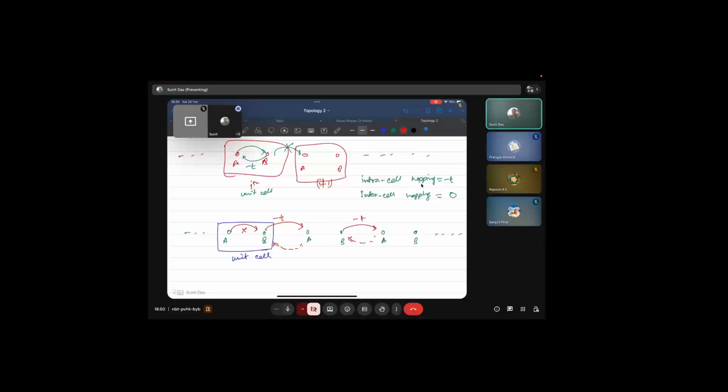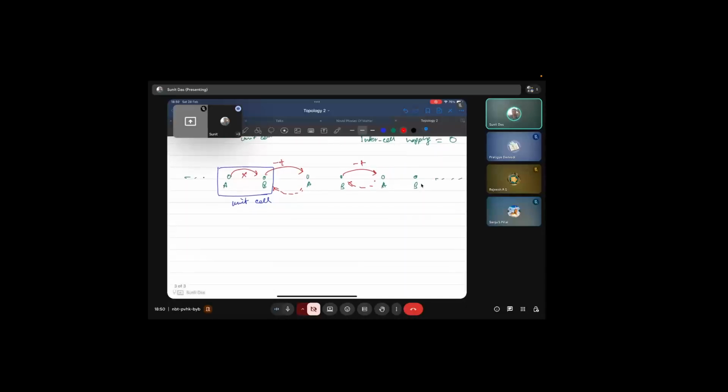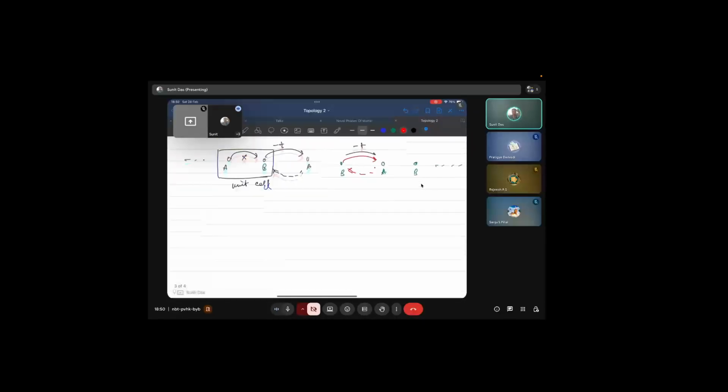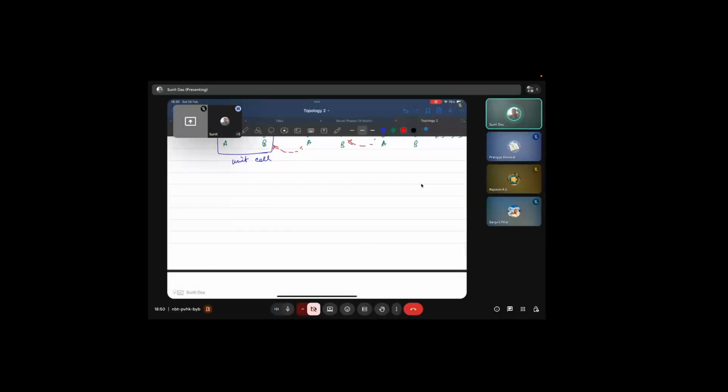So if you take this particular scenario where the intercell hopping is allowed, whereas the intracell hopping is not allowed, then the Hamiltonian we can write is, again, a Hamiltonian in the real space picture.